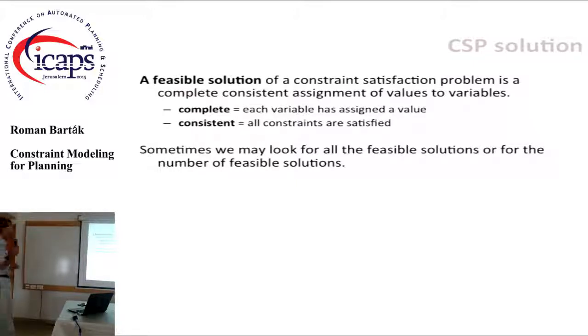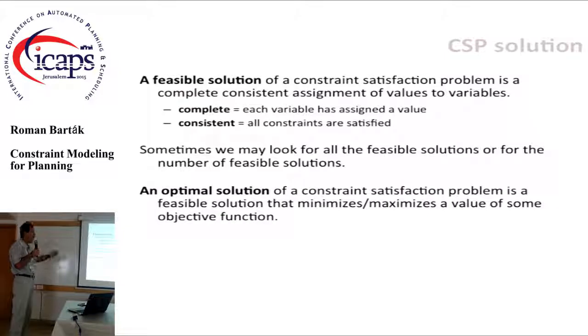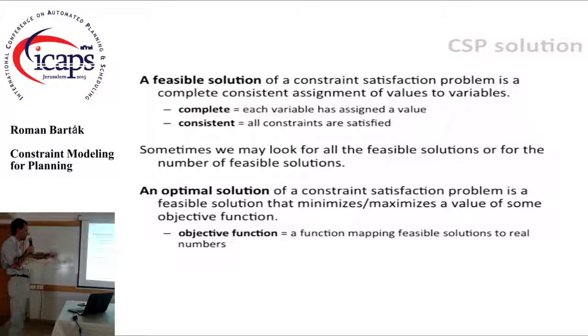Sometimes to define which solutions we would like to select, we can define optimality. So we use an objective function that is defined over the set of variables and orders all the solutions, and we are minimizing or maximizing the value of this objective function, right? So it's a function that maps feasible solutions to real numbers. So this is about CSP and how we are solving CSP.